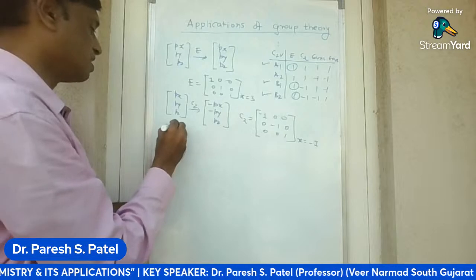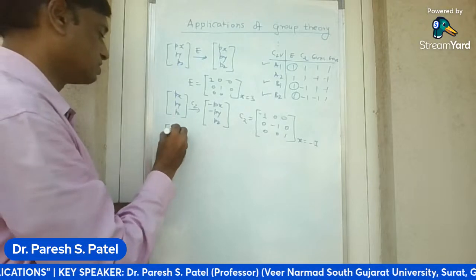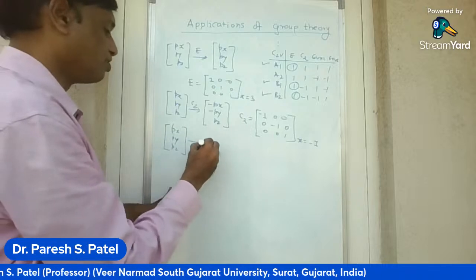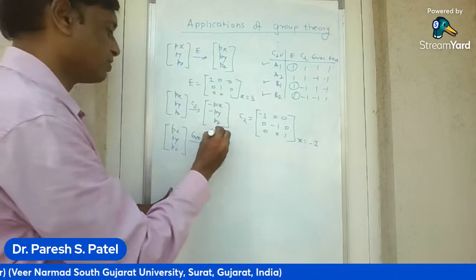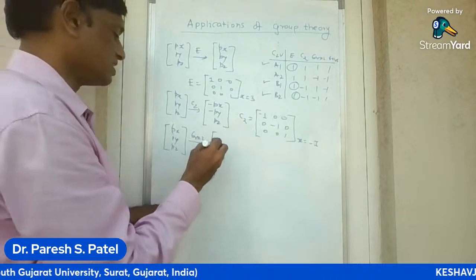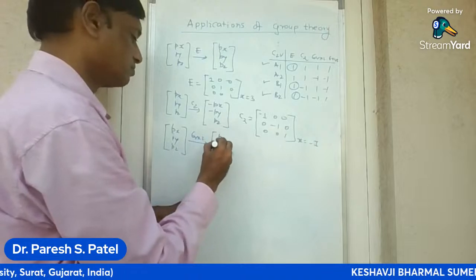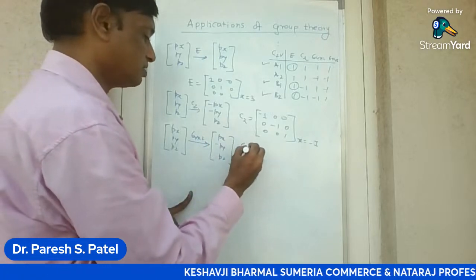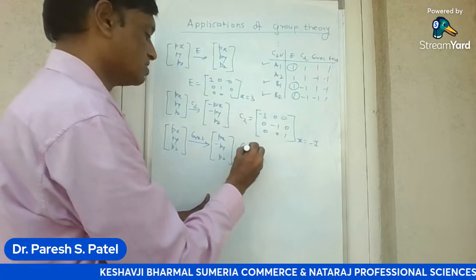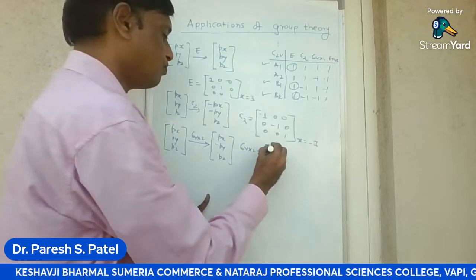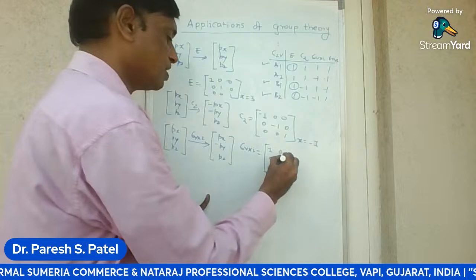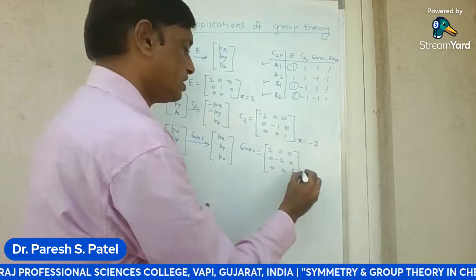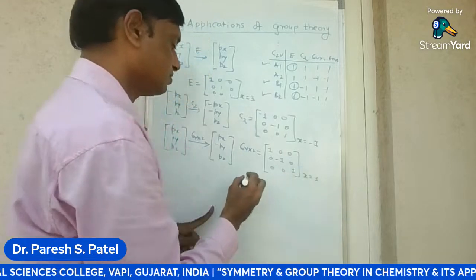If you operate the sigma v xz symmetry operation on px, py, and pz, x and z remain as they are, giving px, minus py, and pz. The matrix for sigma v xz is 1, 0, 0, 0, minus 1, 0, 0, 0, 1. So the character is equal to plus 1.